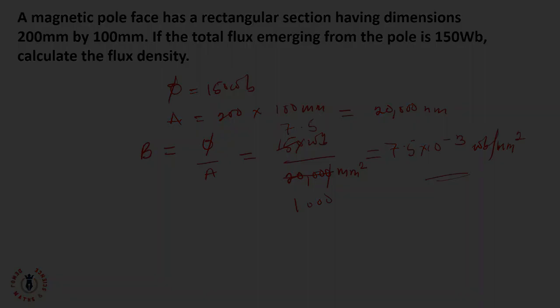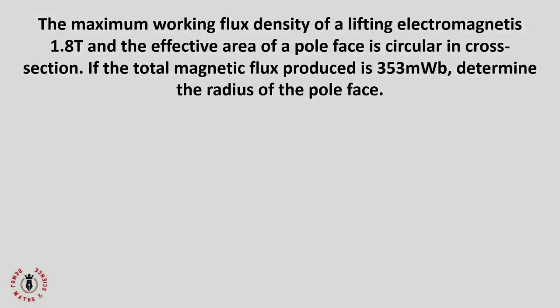Now, let's see the second question. Our second question states that the maximum working flux density of a lifting electromagnet is 1.8 Tesla. That's the density B equal to 1.8 Tesla.